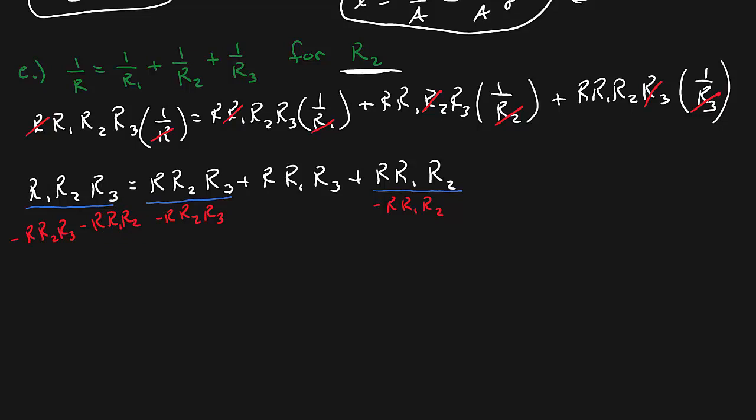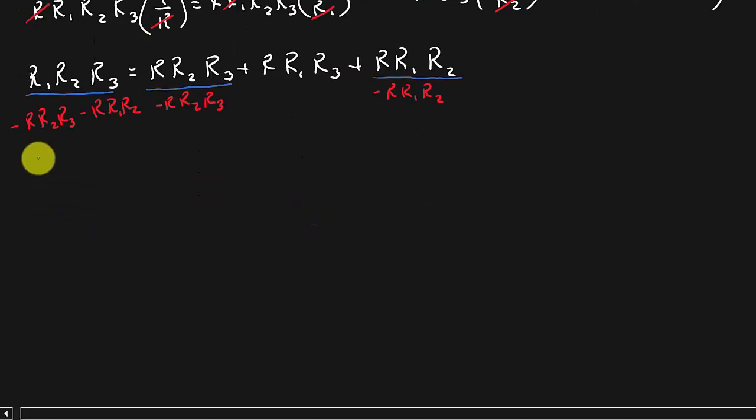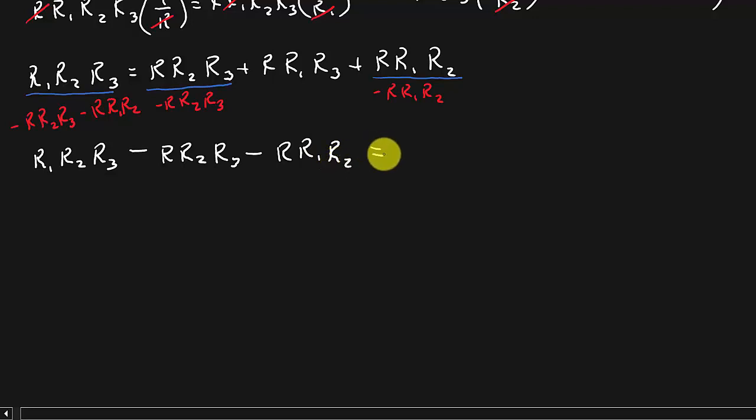And so that's going to leave me with R1, R2, R3 minus R, R2, R3 minus R, R1, R2, and that equals, and then see that one and that one go out, and I'm just left with this, R, R1, R3.